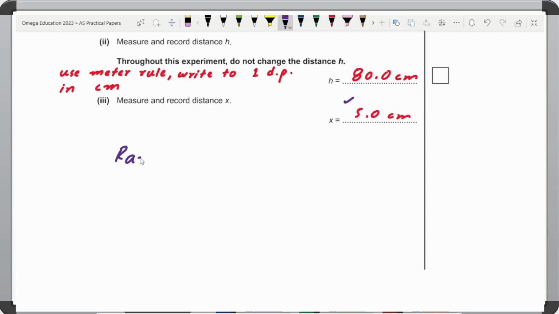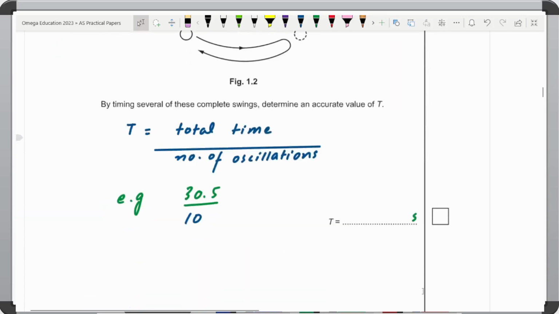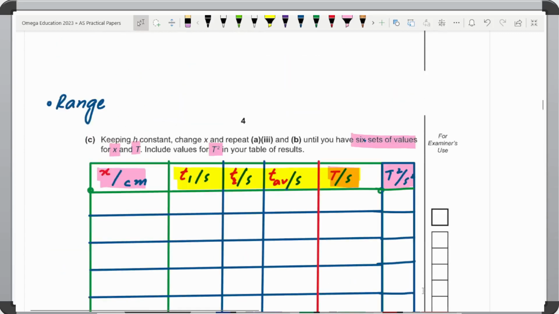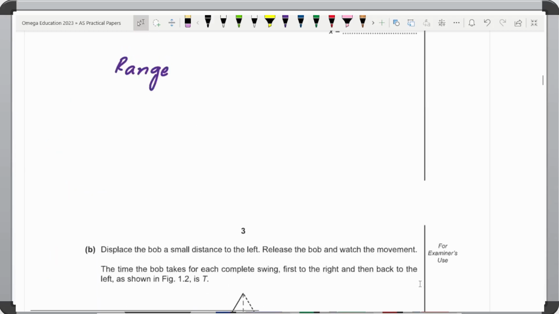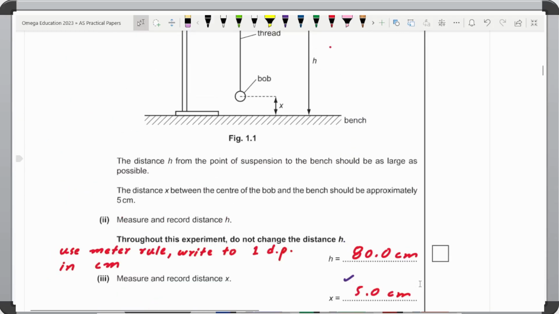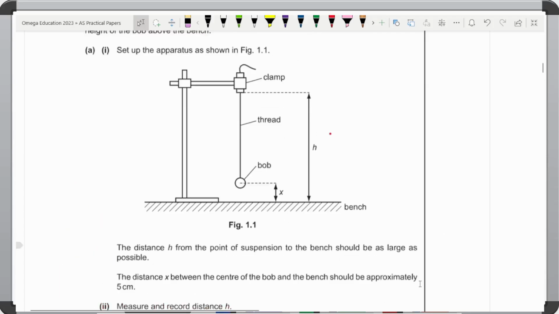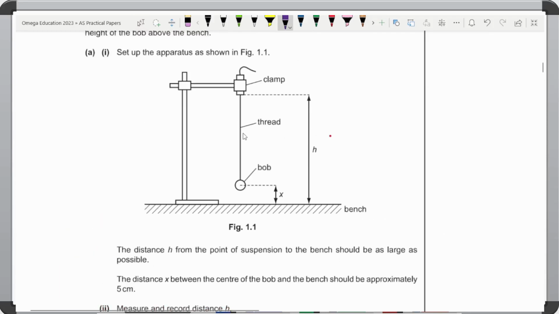Okay, so how many values of x you have to take? You have to take, let's say, 6 values as it is mentioned in the question. Now you have to take 6 values of x. Okay, and x is the distance from the bench to the center of the bob. So you need to keep shortening the thread, and the bob would move up the bench, and you have to keep increasing the distance.